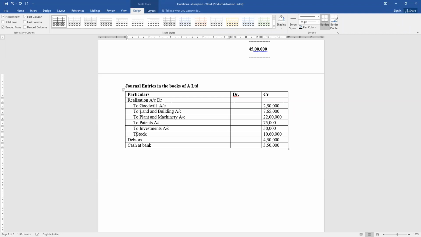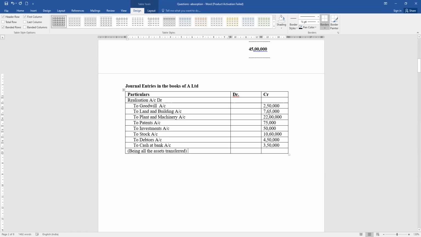Then to stock account, 10,60,000. Then to debtors account, 4,50,000. And then to cash at bank account, that is 3,50,000. So all the assets were transferred, and you have to write a narration: being all the assets transferred.